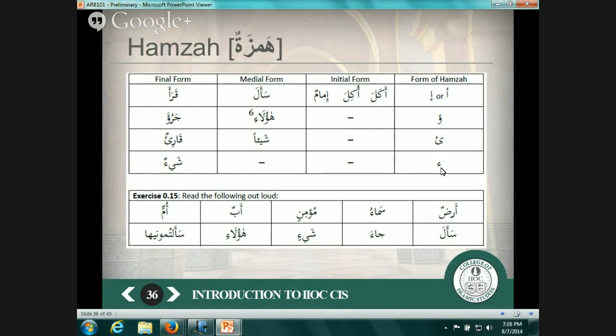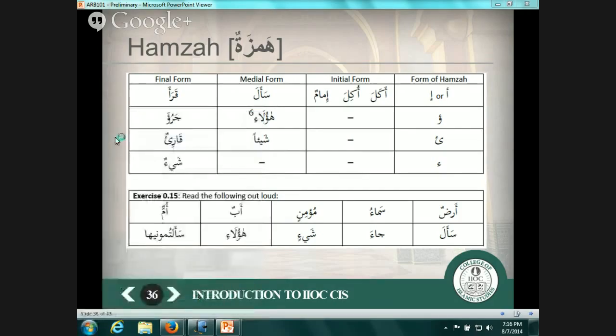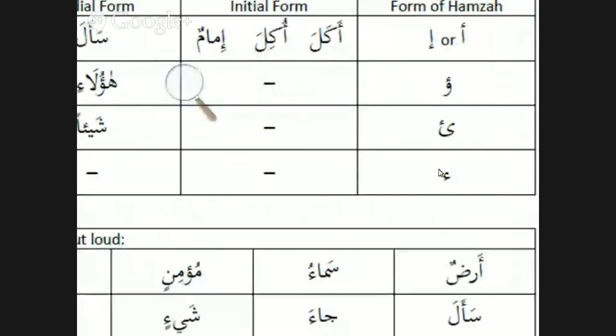Let me tell you which letter it is. It's this letter right here. So let me just magnify it for you. This one right here, under the arrow, that little sign is a Hamza. It's like an Ain almost, that's been severed from the bottom. Like a ninja sword just sliced it in half, and you get the upper half. Okay, so that's what a Hamza is right there.